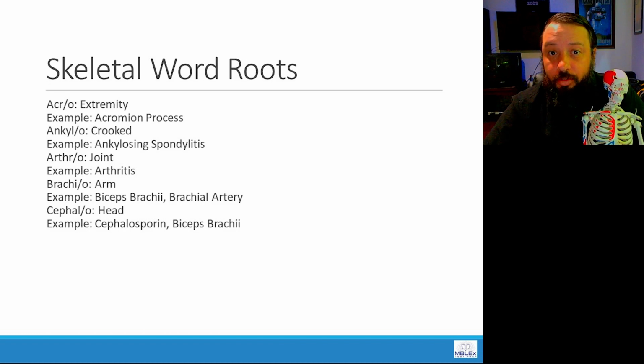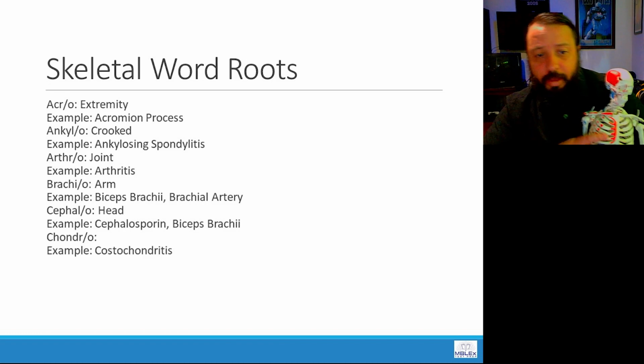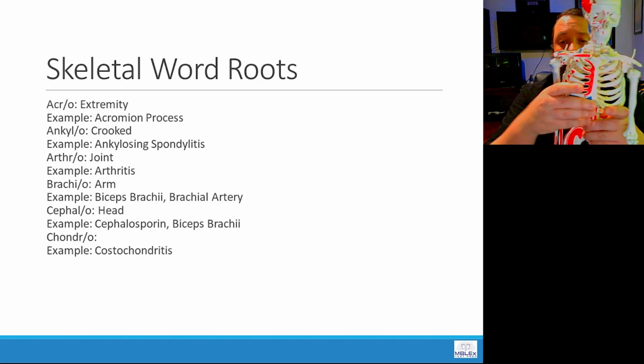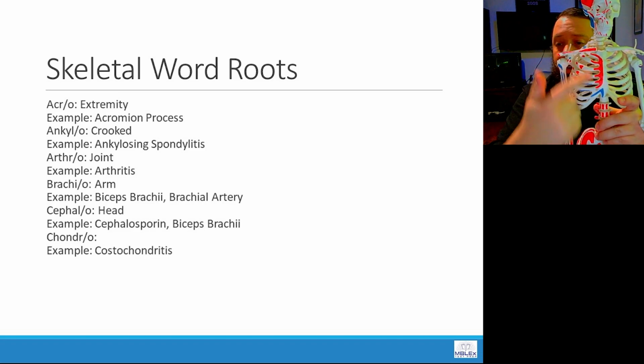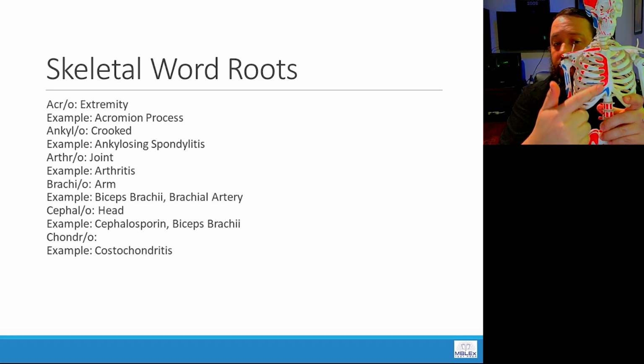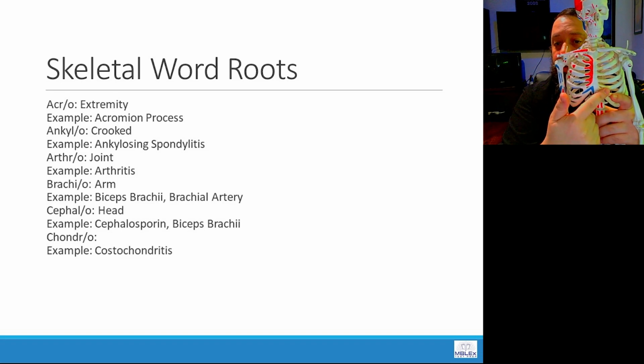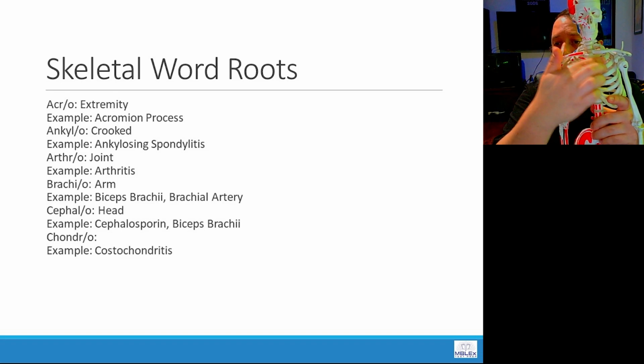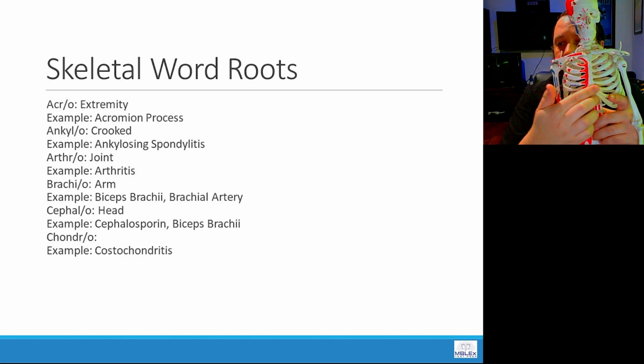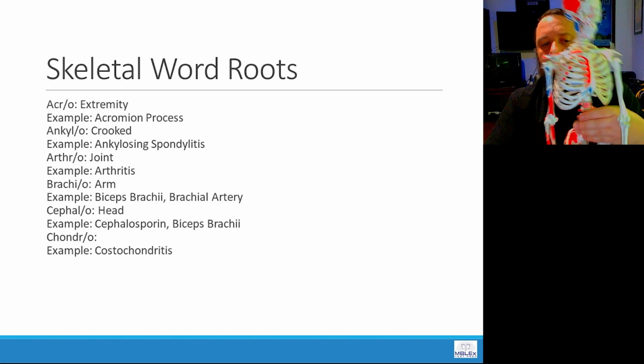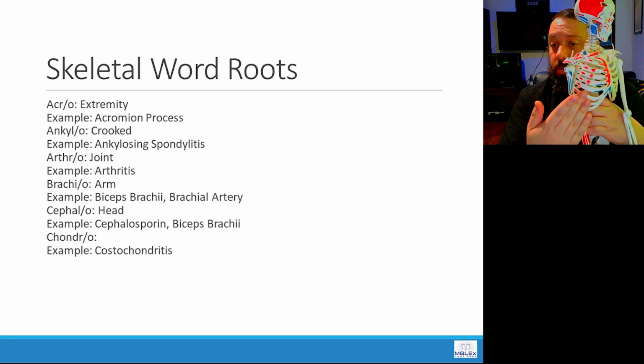Okay, moving on. Chondro, like costochondritis. These are the structures here that are involved with costochondritis. So what are these made of right here? Now, you might be thinking bone, but these are the bones, right?